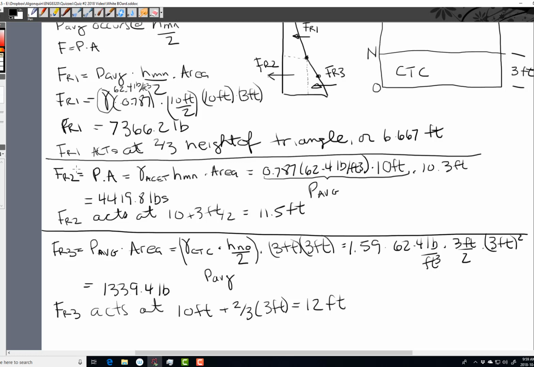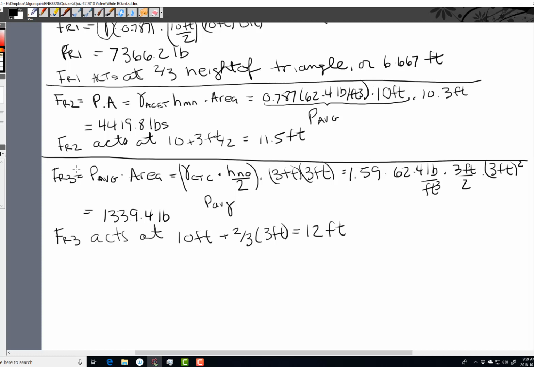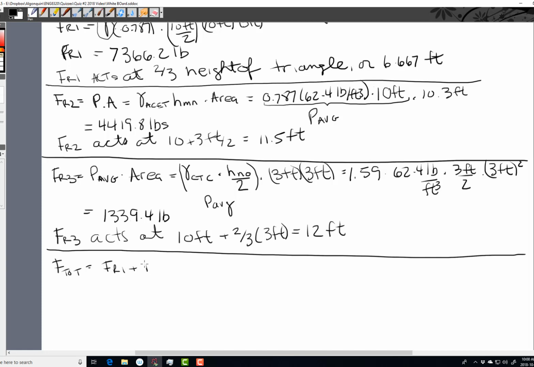Now we're going to sum all of our forces here. So F total equals FR1 plus FR2 plus FR3, and all of this equals 13,125 pounds. So now we need to know where this acts.